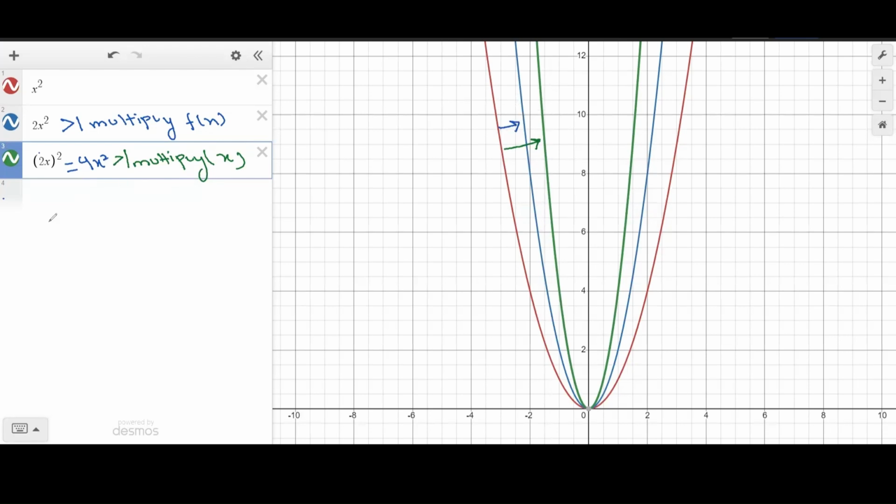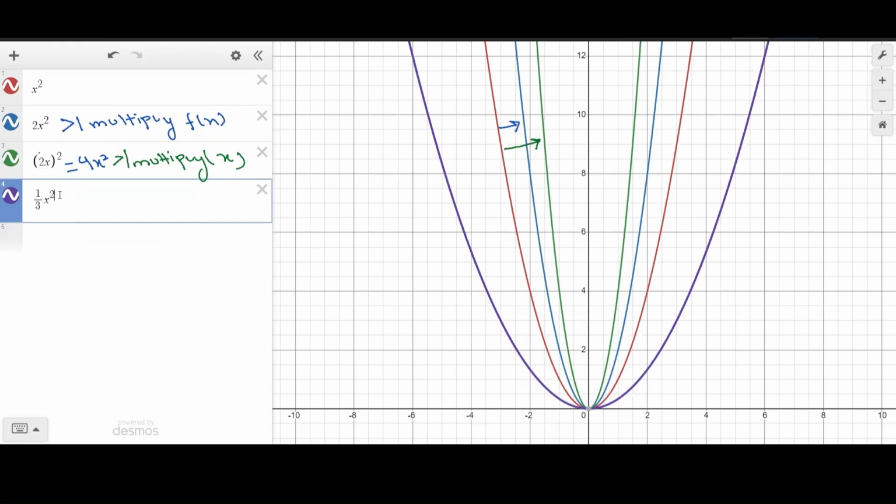Now let's plot another function here, which is dividing the function by a number, or multiplying the function with a number that is less than 1. So let's divide the complete function by 3. We see that here we have got a stretch, and the function has now stretched outwards.